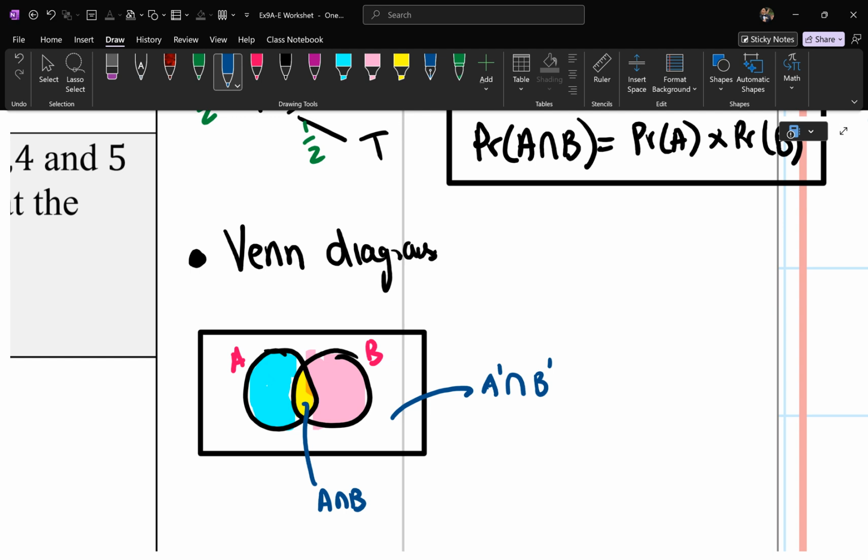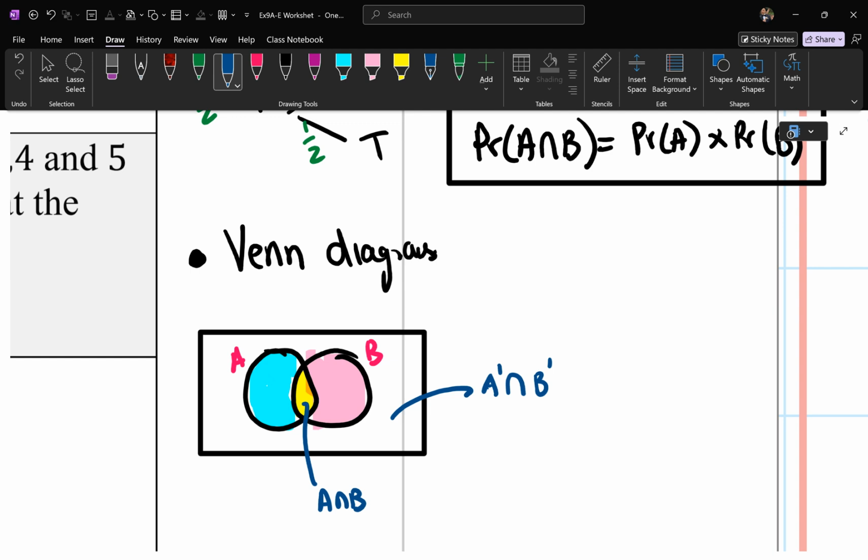If you really think about it, it's really saying not A, so think about everything outside of that circle there. I would color everything outside. And not B. So if I'm coloring everything outside of B, then the only ones that don't include A and don't include B are the white region. That's what that means.